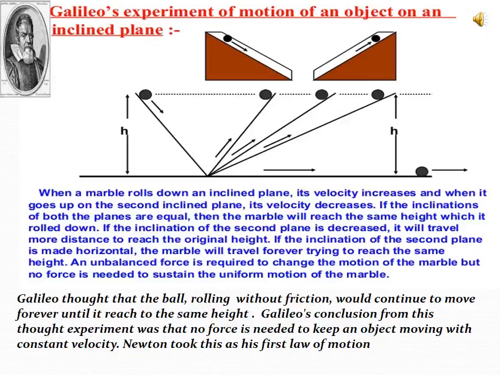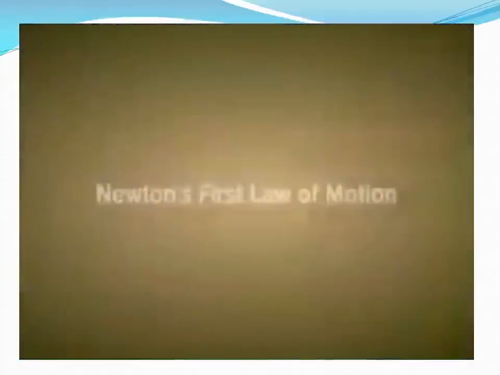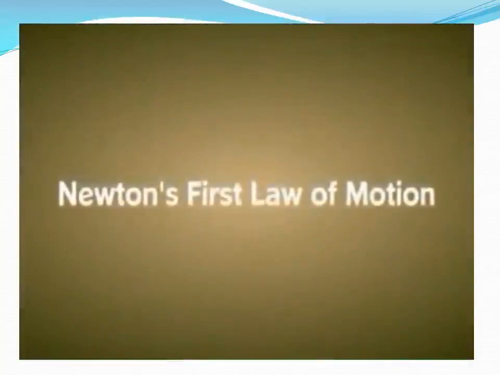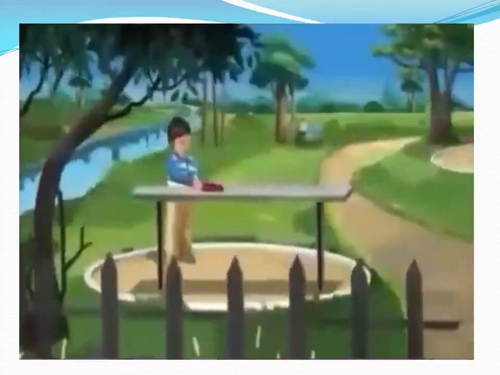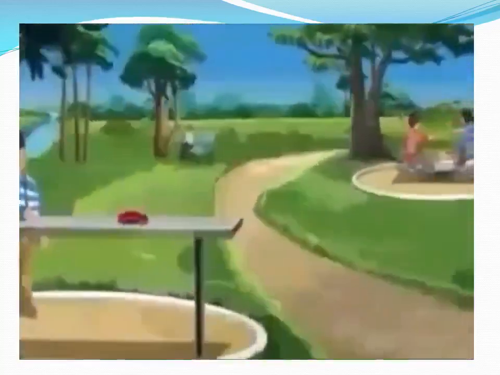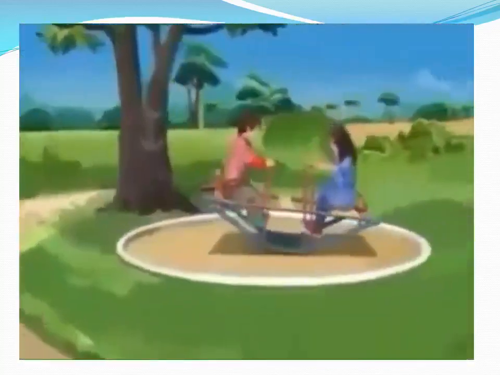In the next part, I am going to discuss Newton's first law of motion. What is Newton's first law of motion? For all the physical activities that you observe in the slide, an effort is required to put a stationary object into motion and to stop a moving object.